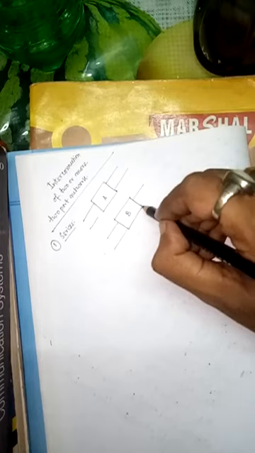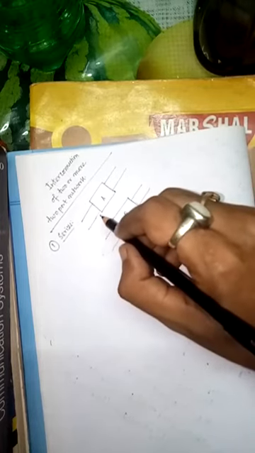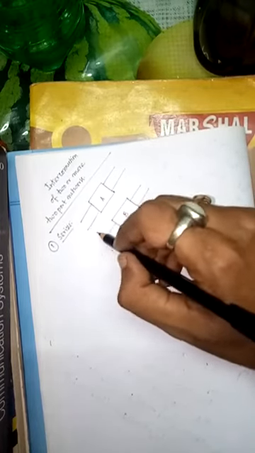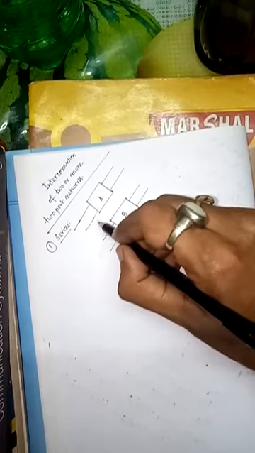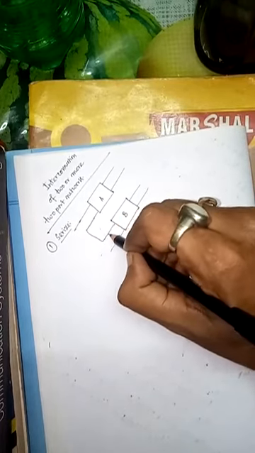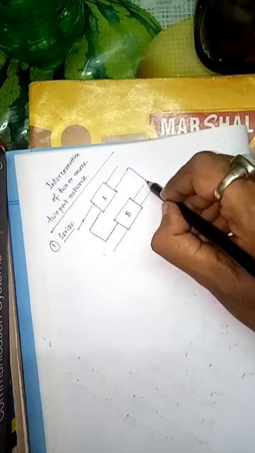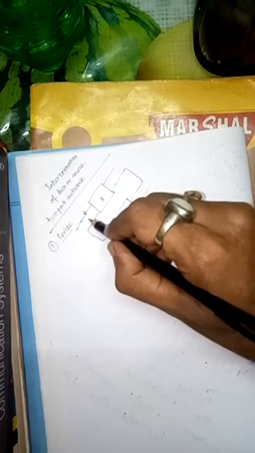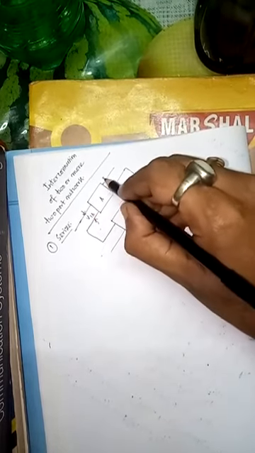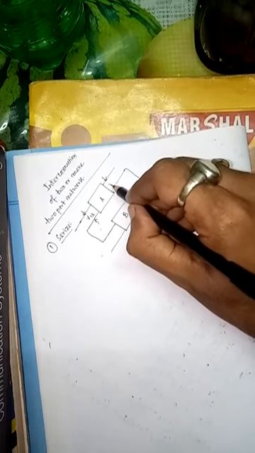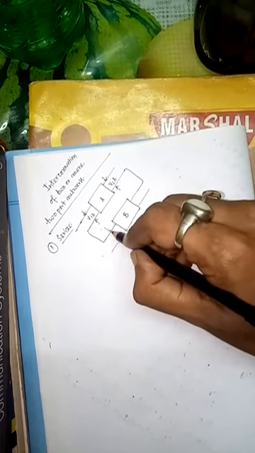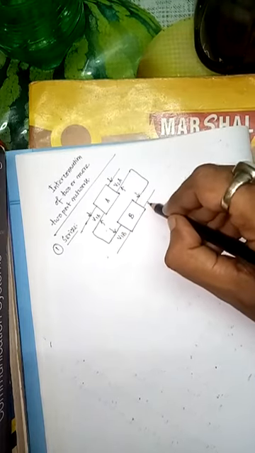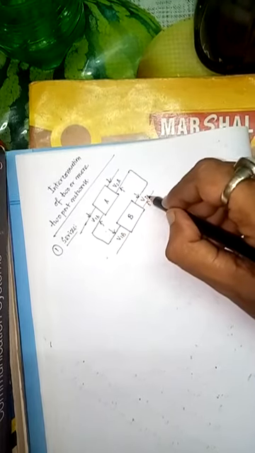If series connected, these two are connected with each other in this way. Let this be V1A, V2A, and this be V1B, V2B.